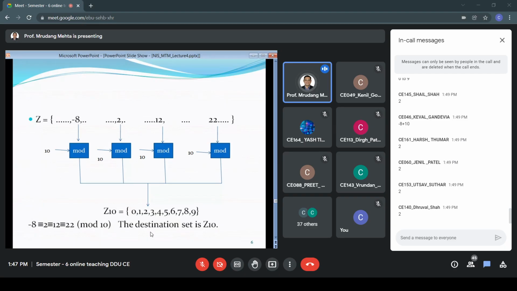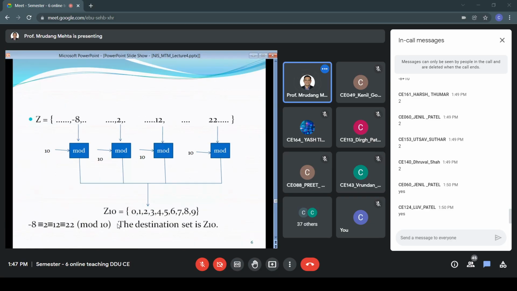So the destination set is Z10. Okay, is that understood? Clear? What do we write? We write the congruence operator over here, right? Congruence mod 10. Is that clear?